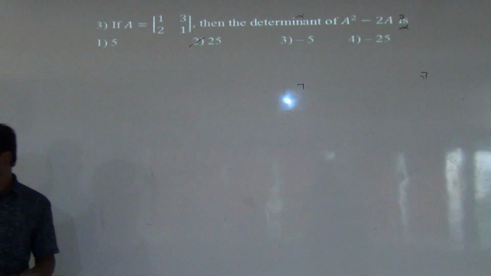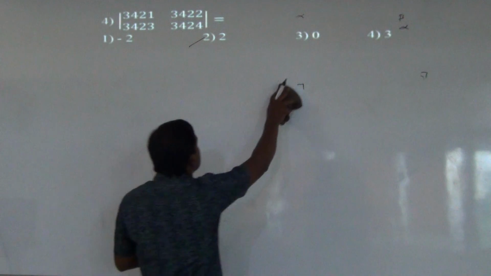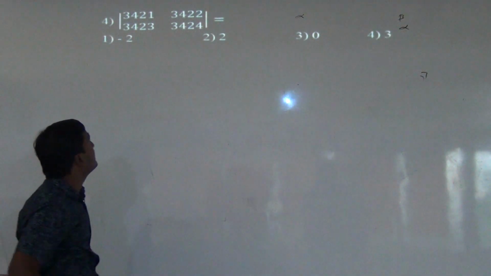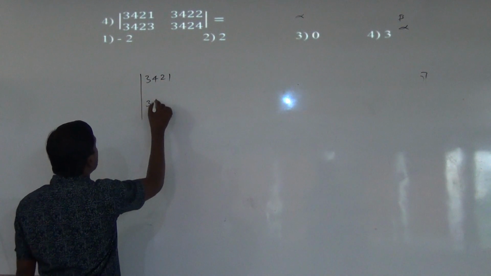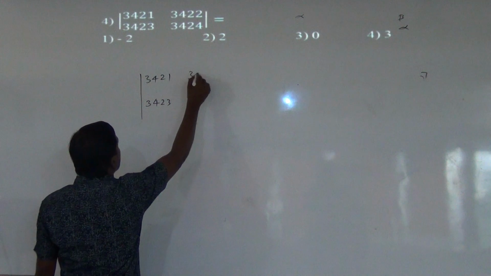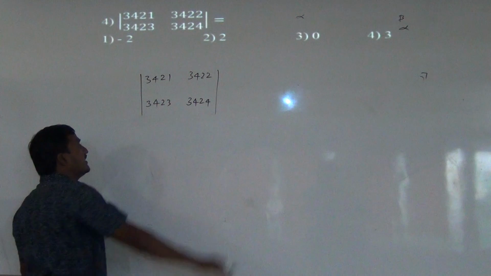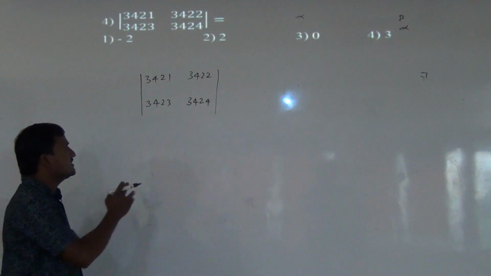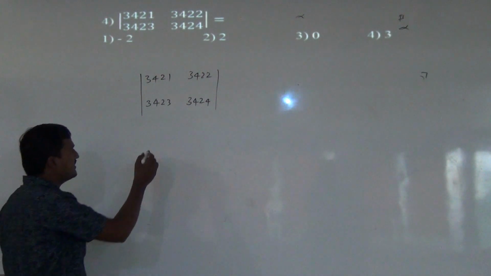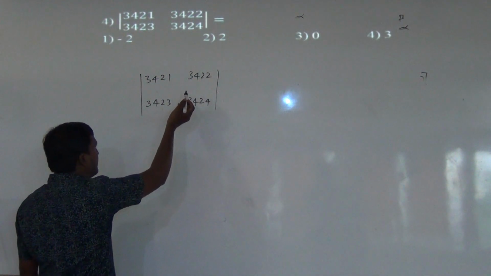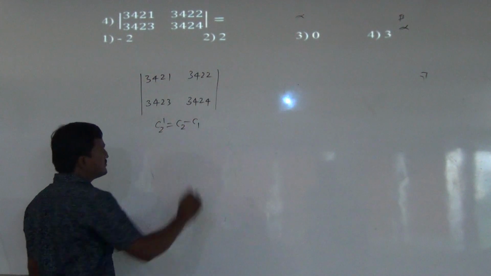Okay, the next question is this one, right? So here the next question is find the determinant of 3421, 3423, 3422, 3424. Find the determinant. So for this I will apply the elementary operations. In this I will apply the column operation, that is C2 dash is equal to C2 minus C1, right?